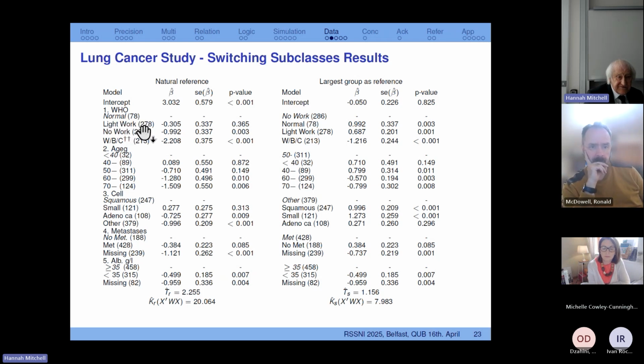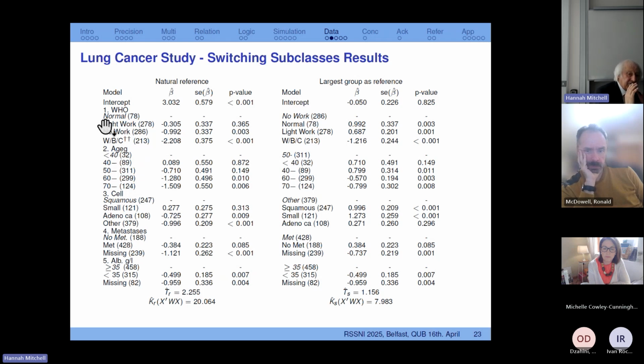So there were 78 people who were normal. There were 278 who did light work, and 286 who do no work, and there were 213 who were either bedbound or chairbound. Okay, so that was that. Now we'll just look at one more. Look at age, less than 40, 32. That's the reference subclass, and you can see that there were 299, 60, plus 311, aged 50.